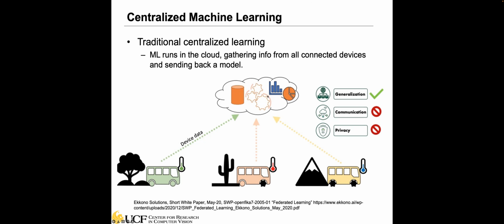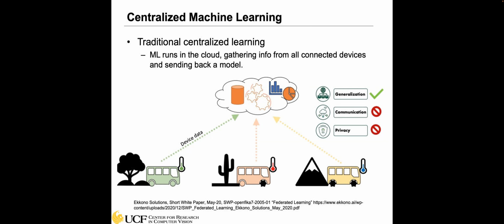The cloud collects all the data and trains a machine learning model in the cloud based on this big data. Once the model is trained, it is sent back to each of the devices, and the users can use that trained machine learning model. So that's centralized machine learning.